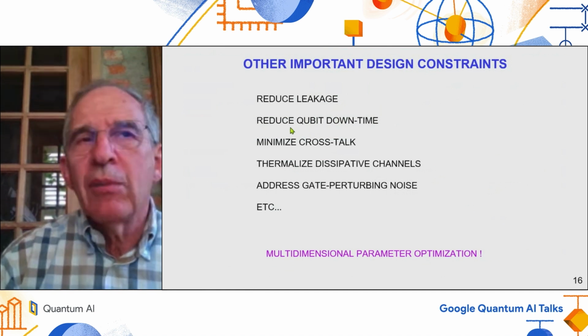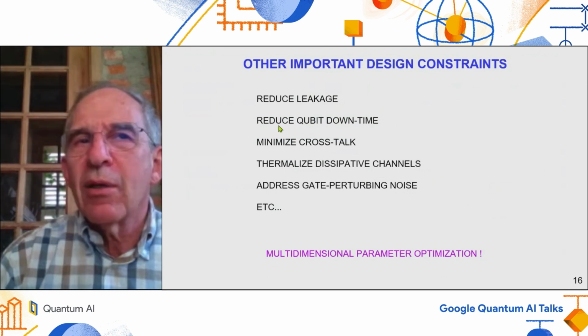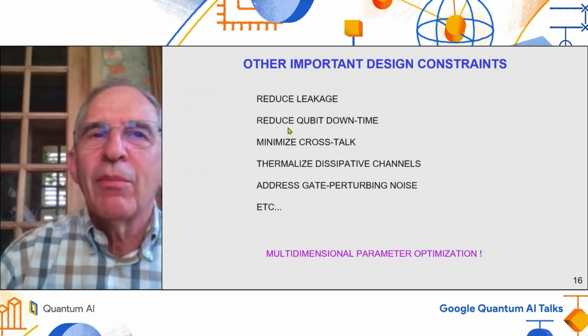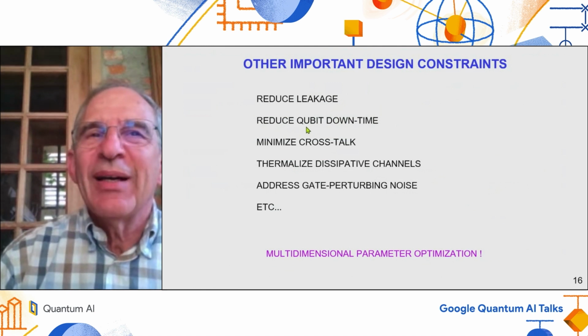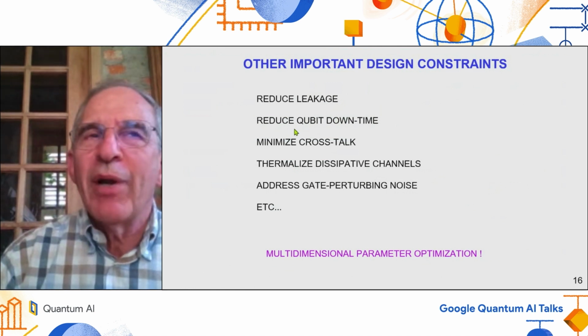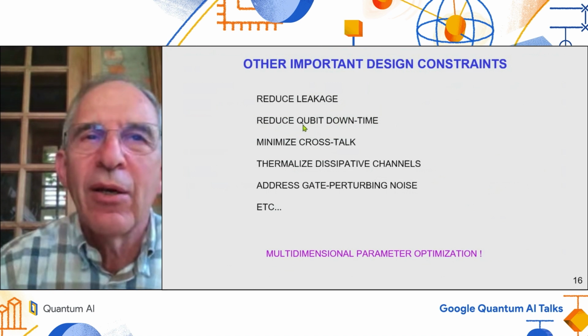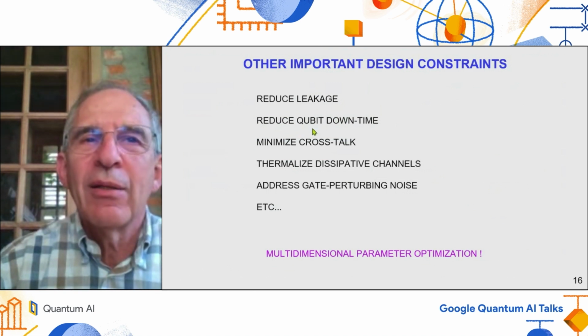Hartmut has told us about cosmic rays. This and other problems reduce the qubit operation time. All these events blind the qubit, and you have to wait until your qubit is there again.